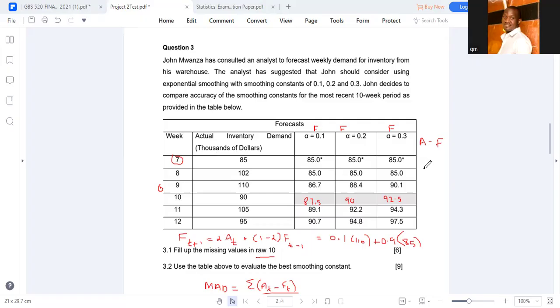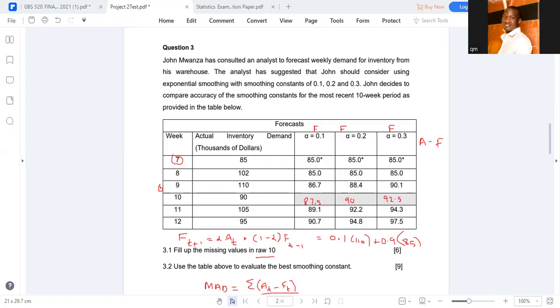This is actual minus forecasted, so you can't use these ones here. Actual is what? 102 minus 85, what do we get? It is 17. Yes, 17 for the first one.